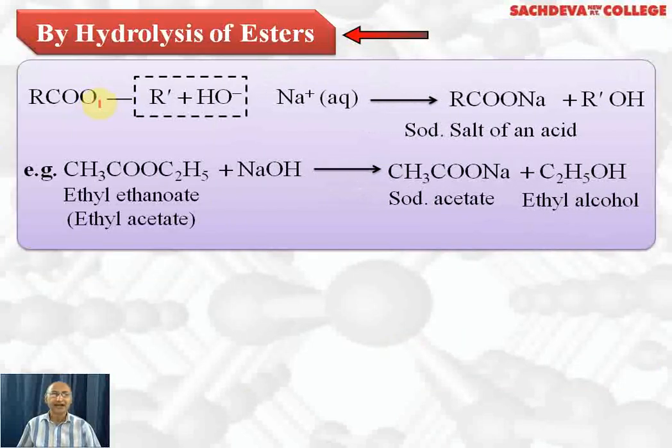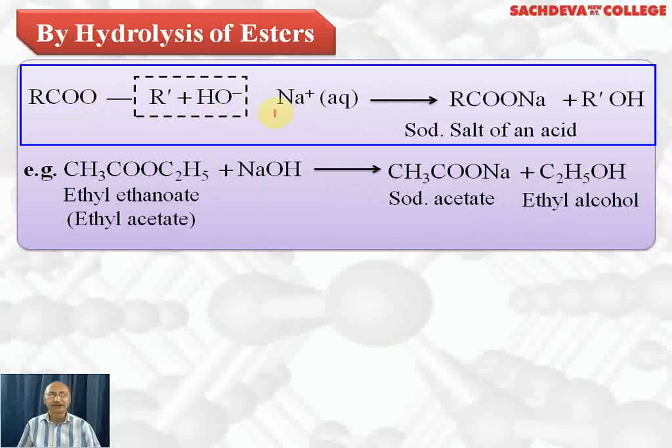Next, we are taking hydrolysis of esters. Hydrolysis of esters can be done in acidic medium or in basic medium. Here we are carrying out in basic medium. This reaction is also called saponification, and saponification of glyceryl ester of fatty acids will give you soap.